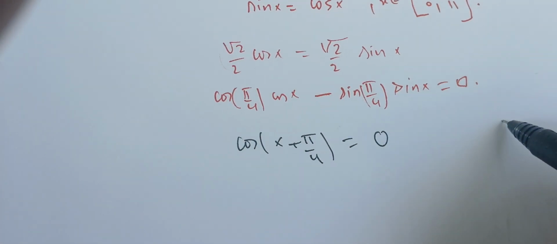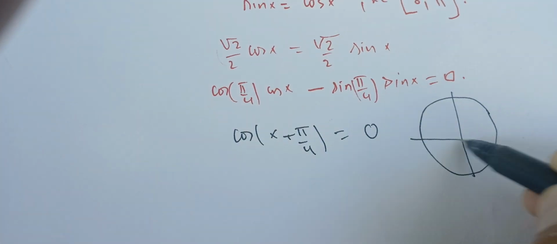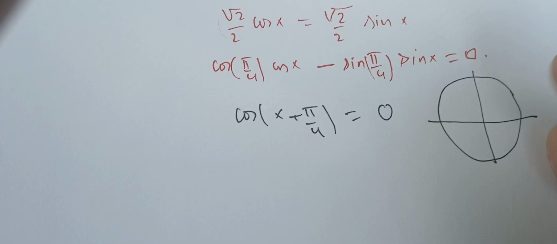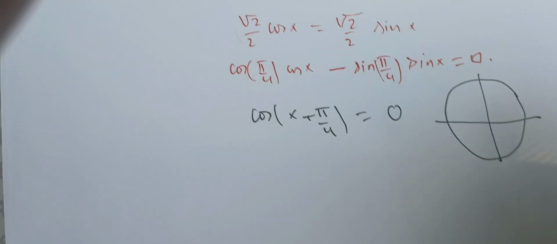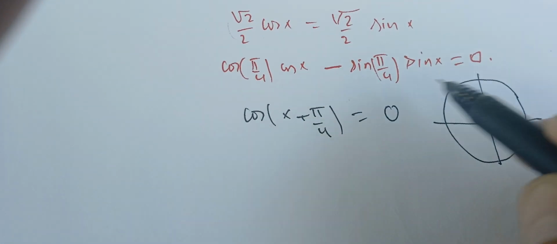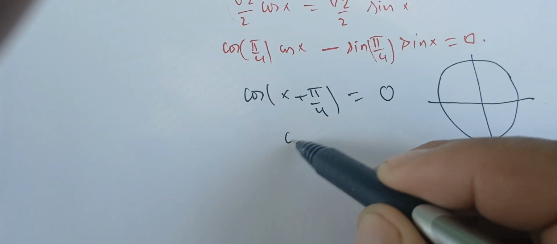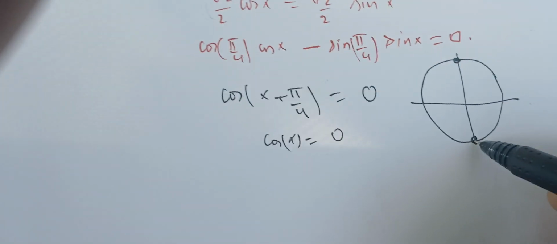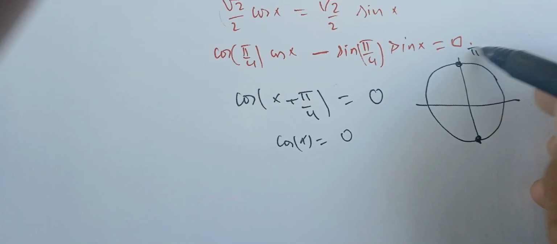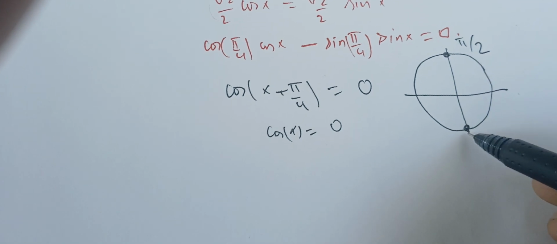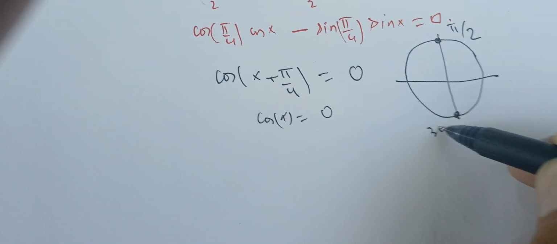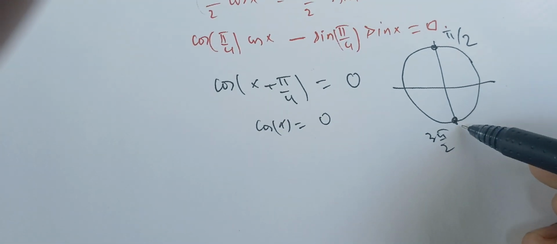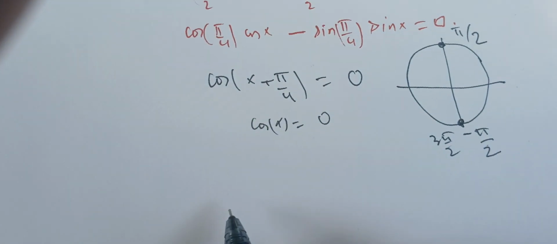Now I can use the unit circle. Or I can do it in my head, but we are trying to explain, that's why we use the unit circle. So the cosine of some angle alpha is 0 if alpha is on these points. Let's call this one pi over 2, and this is pi over 2 plus pi, which is 3 pi over 2, or if we go this way, it's minus pi over 2.